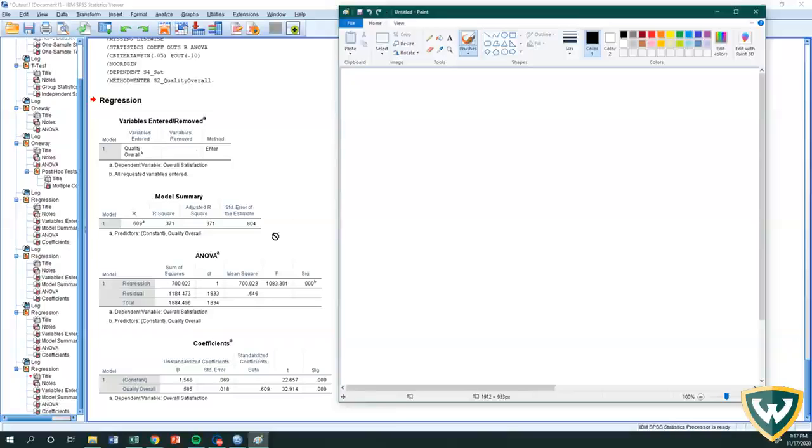So in this table you see that my constant is 1.568 and my quality overall is 0.585. Basically this first column gives me the unstandardized B coefficients, and that is a part of this equation that I have in any regression.